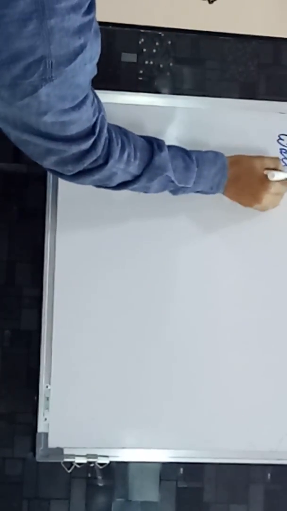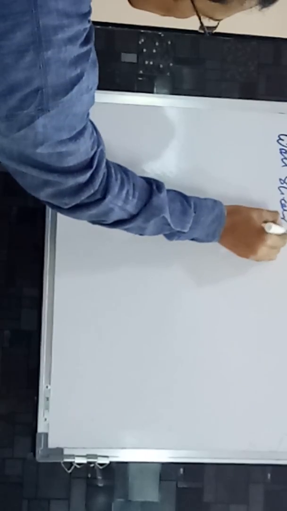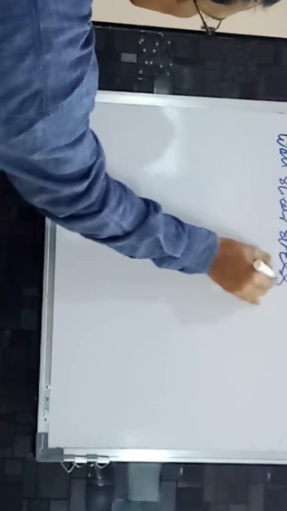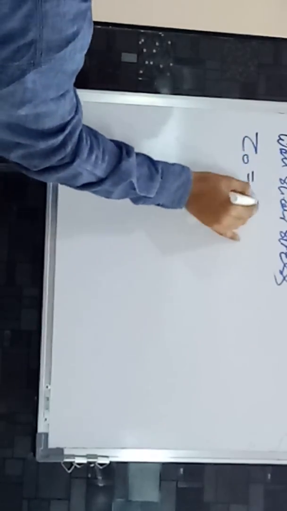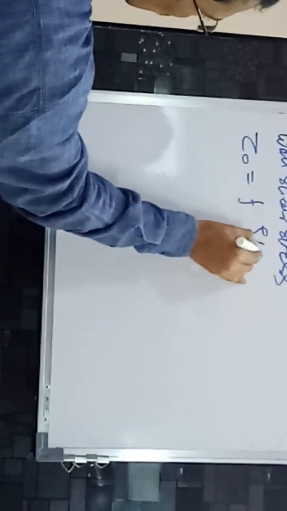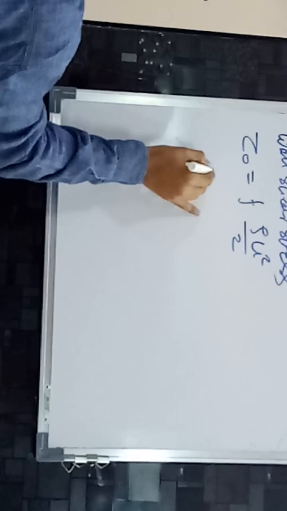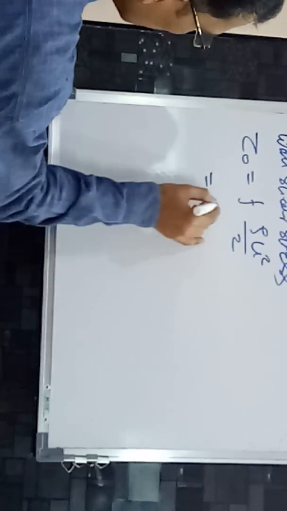So wall shear stress. So what is the formula? F rho U square divided by 2. Okay. So substitute that value.